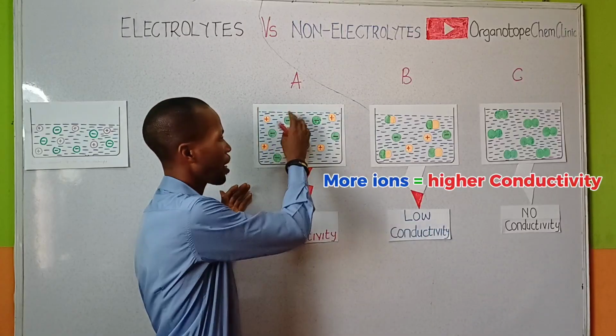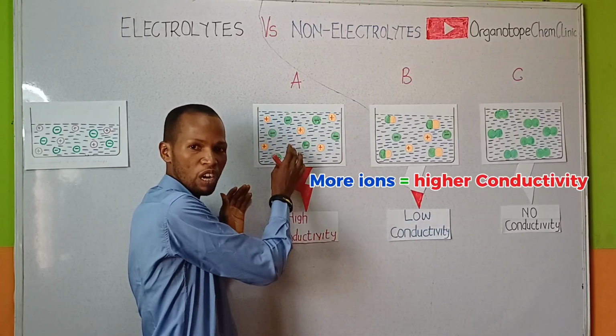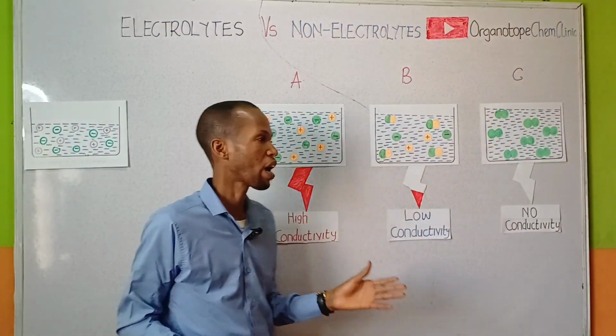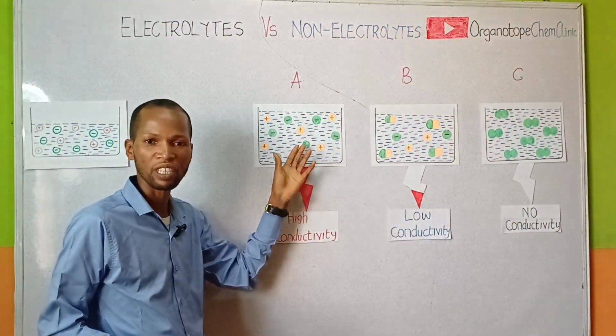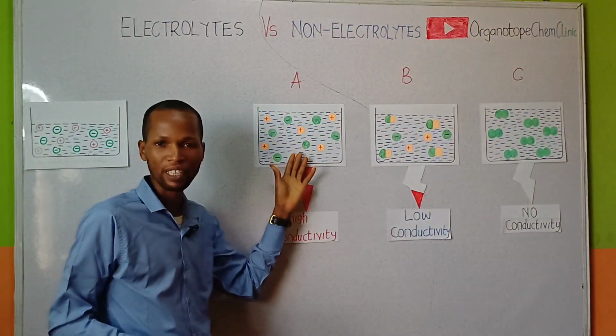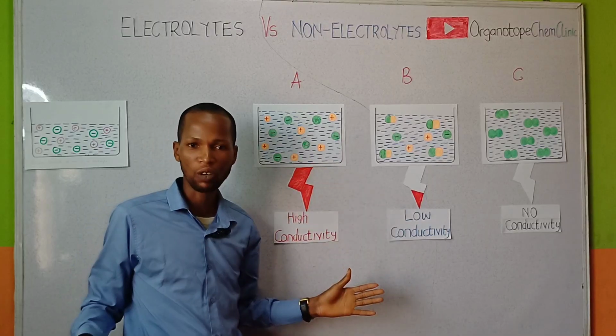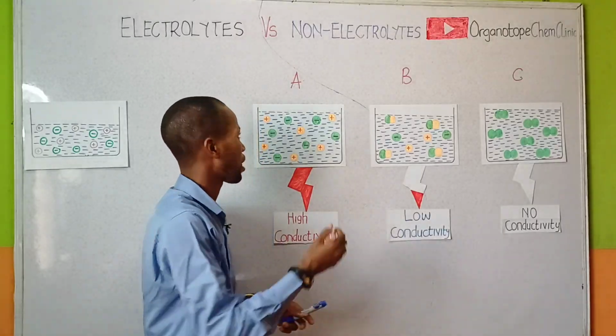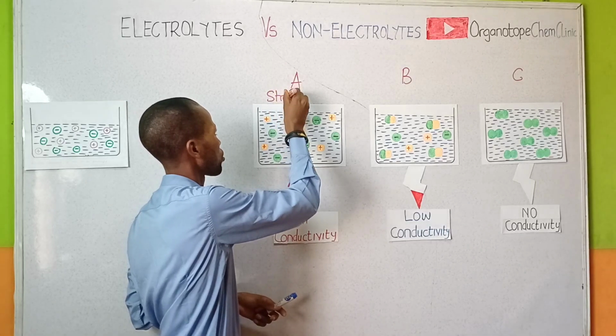Also, the more the ions in the solution, the greater is the conductivity. Since we have the highest degree of dissociation in solution A right here, we can equally say it is a strong electrolyte. So we have this as strong electrolytes.